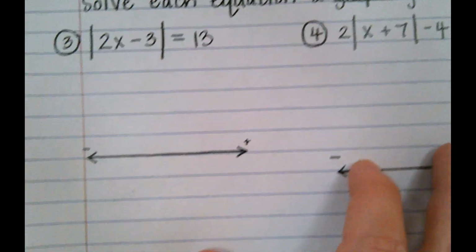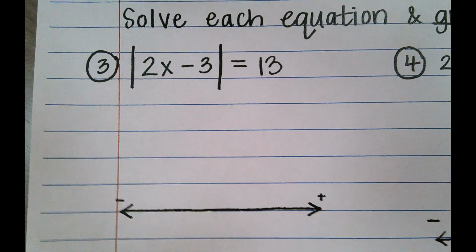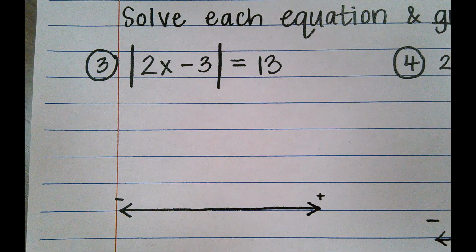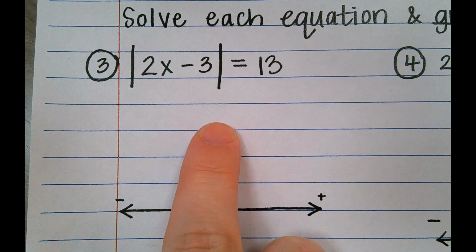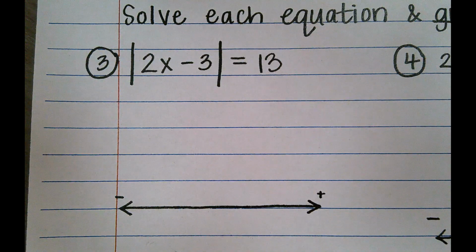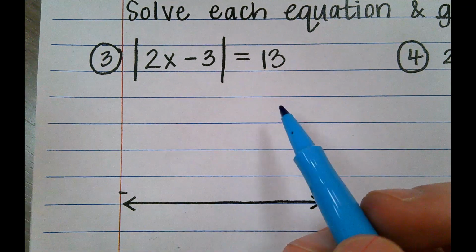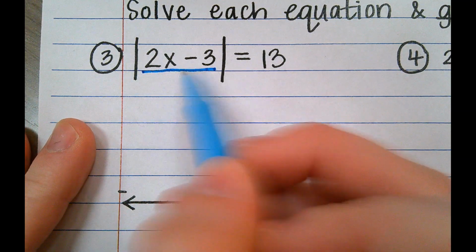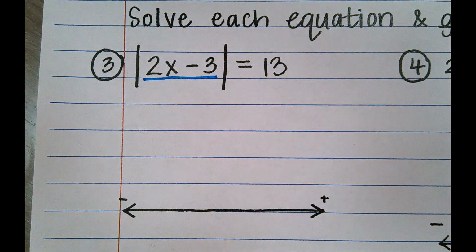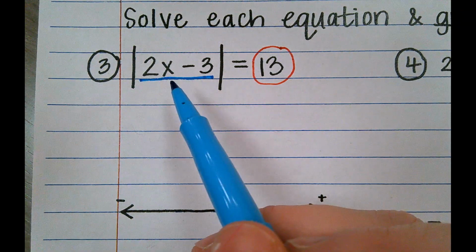So looking at number 3, we need to ask ourselves if there's anything I need to do to isolate the absolute value. No, it's already by itself. So if it's already by itself, what should I do next? You split it. Yes. So we're going to split this into 2 equations. Everything in the bar stays the same.